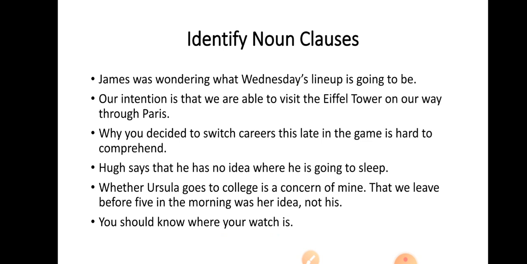Okay, so here are some examples. You can underline which is the clause according to your understanding. What are the noun clauses here? Number 1, James was wondering what Wednesday's lineup is going to be. Here James was wondering is the subject and verb, and the next part is an object, right?